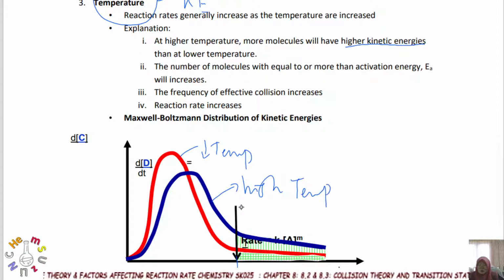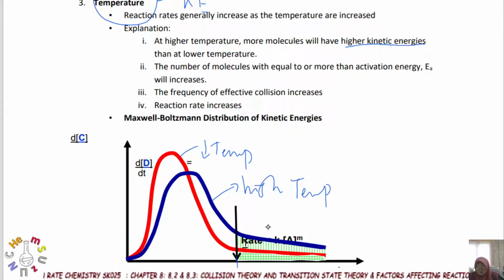So, pada high temperature, apa yang berlaku, kinetic energy dia tinggi. So, number of molecule dekat sini that have been reacted tu lagi banyak. So, the shaded area di luas kawasan bawah blue curve ni lagi besar. Okay, berbanding dengan yang shaded area di bawah yang red curve ni lagi kecil sebab dia adalah pada suhu ni.